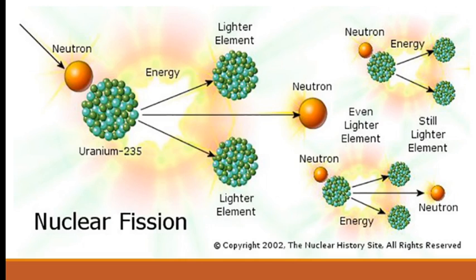Now the excited nucleus undergoes splitting and forms lighter elements along with the emission of neutrons. So this is the process of nuclear fission, and in this process a large amount of energy is also released.